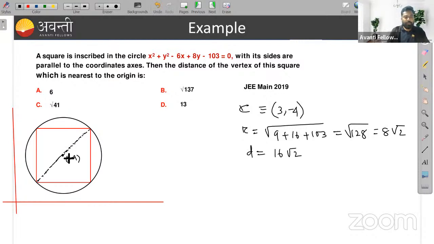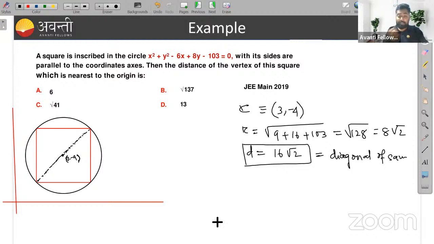If this point is 3, minus 4 and the radius is 8 root 2, then what will be the side of the square? The diameter of the circle is also one diagonal of the square. It's also the length of the diagonal of the square.